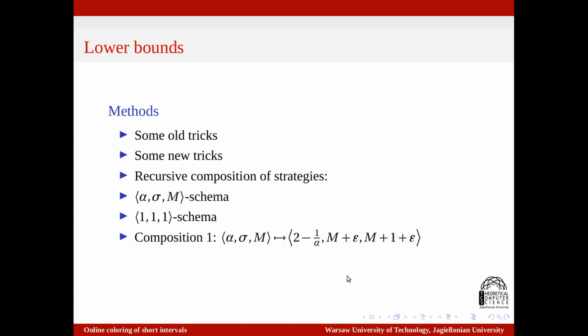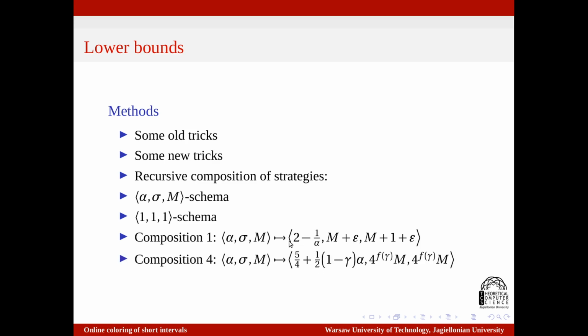And sometimes we can apply these compositions many times. So usually we start with this trivial 1-1-1 schema, apply composition 1, we get some schema with other properties, and then sometimes it's desirable to repeat this composition, but now plugging in the schema that we've obtained in the previous step. And this is how we usually obtain our lower bounds.